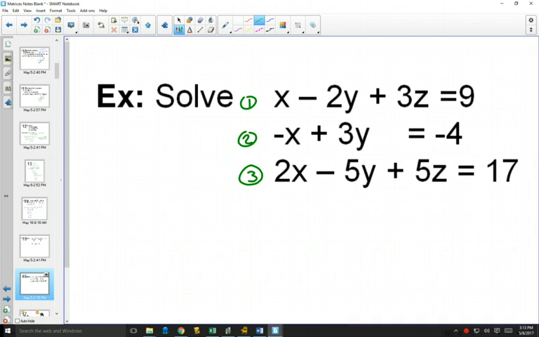Then you take 2 other equations. So you used 1 and 2, so now you have to either use 1 and 3 or 2 and 3 and eliminate x again. What that will leave you with is 2 new equations that just have y and z. And then you have 2 equations with 2 unknowns to solve from there.